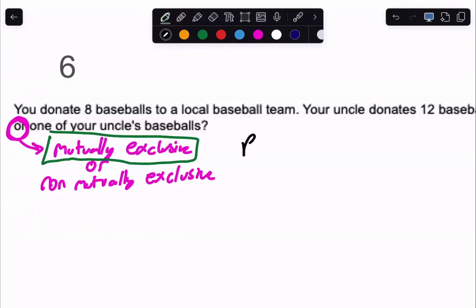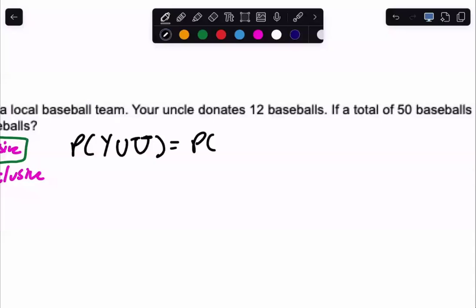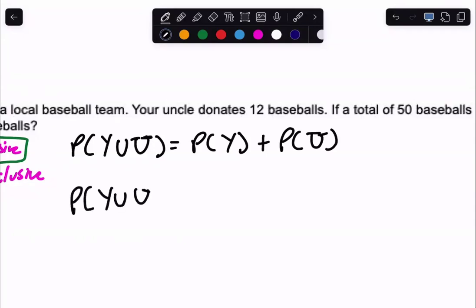So then the probability of your baseball or your uncle's baseball is the probability of them selecting your baseball plus the probability of it being your uncle's baseball. So just plug in what you know. The probability of it being your baseball, you donated 8.